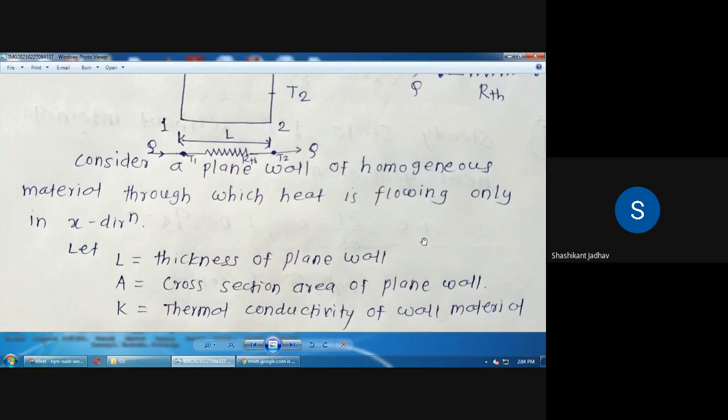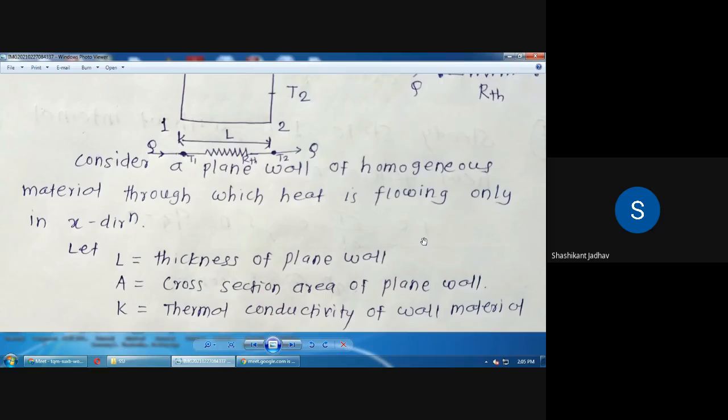Then capital A is equal to the cross section area of the plane wall.